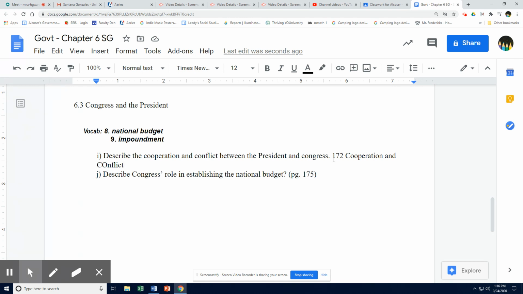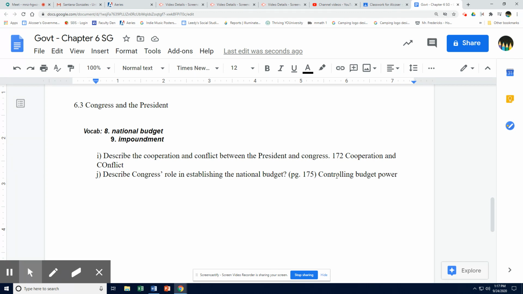Describe Congress's role in establishing the national budget. So under controlling budget power, I'll put that there. It says, over the years, presidents have assumed more responsibility for planning the national budget, the yearly financial plan for the national government.